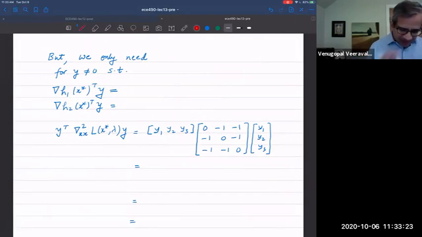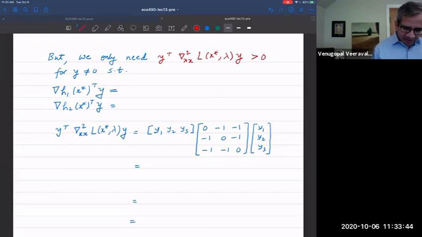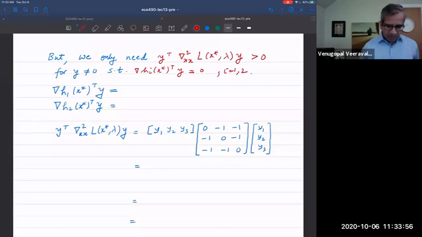So we basically need to check, maybe I'll call it a different variable y, just for fun, that y transpose the Hessian of L at x star, lambda, times y needs to be bigger than 0 for all y not equal to 0, such that the gradient of h_i transpose y equals 0 for i equal to 1, 2. Okay, so we need to check that.